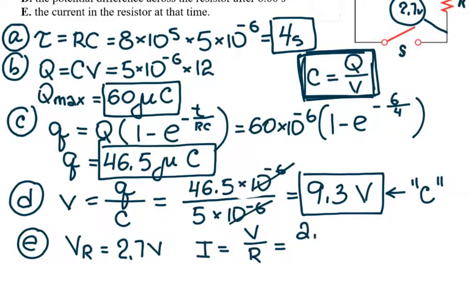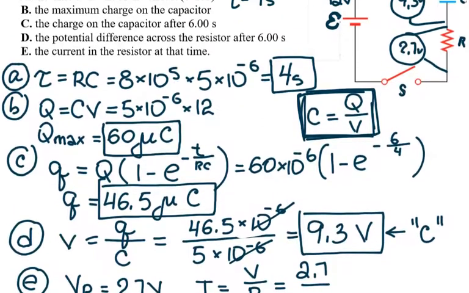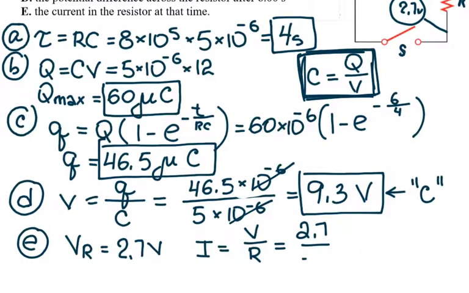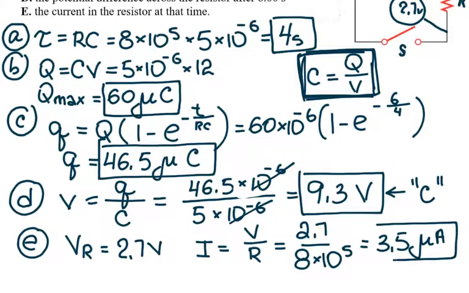So the voltage is 2.7, and the resistor is given 8 times 10 to the 5th. So this is 8 times 10 to the 5th. And that will give me approximately 3.5 microamps. So that will be the current through the resistor after 6 seconds when the capacitor is not fully charged yet.